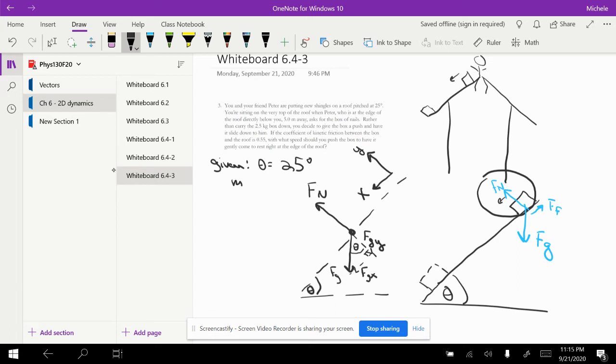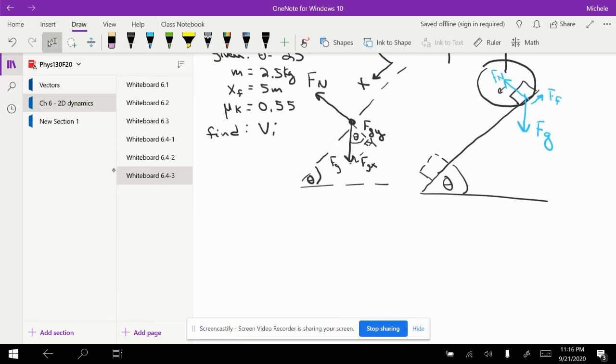Our mass is equal to 2.5 kilograms. Our x final is equal to 5 meters. Our mu k, kinetic friction, is equal to 0.55. And we want to find our starting speed, so v initial.